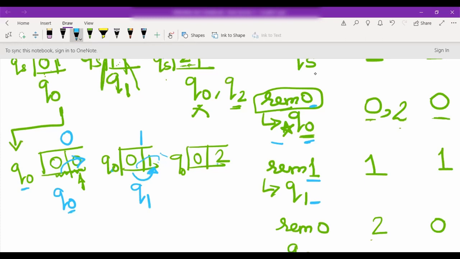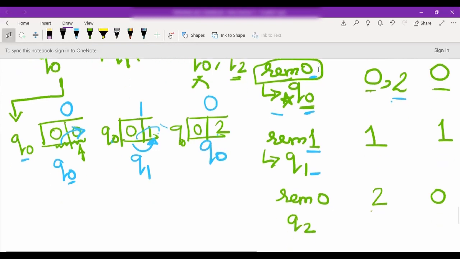When number 2 is divided by 2, it is generating the result 0. So it is going to the Q0 state with the remainder 0. Now Q0 is representing 0 also and 2 also. So we considered 0, now we will consider 2.